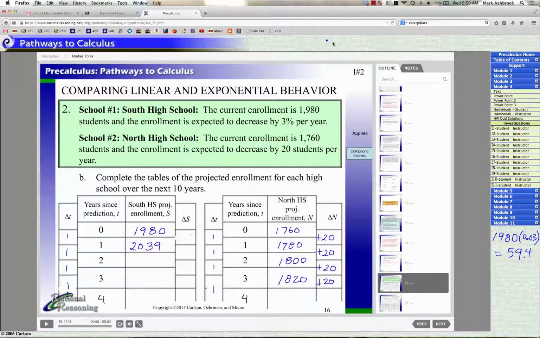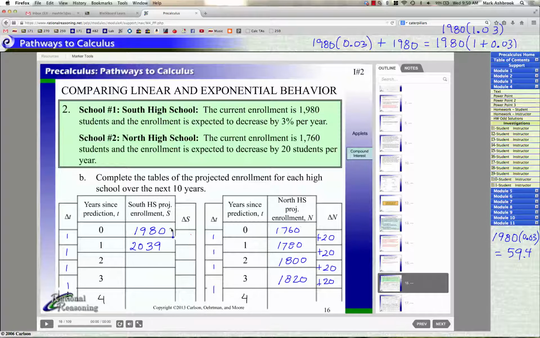So just watch this quick. So really, didn't we just take 1980 times 0.03 and we added 1980? Is that right? To get that next value? So watch. If I factor out 1980, I'm left with 1 plus 0.03, which is the same as 1980 times 1.03.